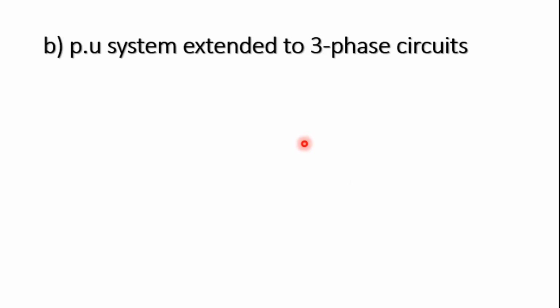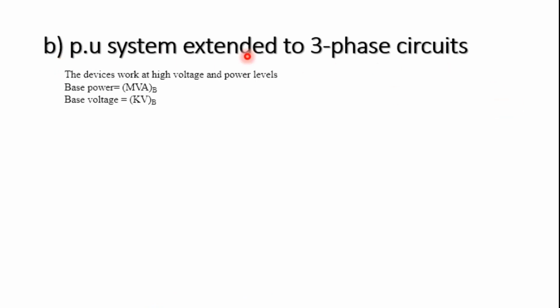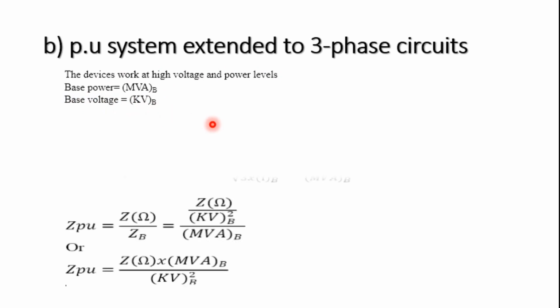Then suppose we extend it to a three-phase circuit. We know these work at very high voltage and power levels. The base power is MVA base and the base voltage is kV base.